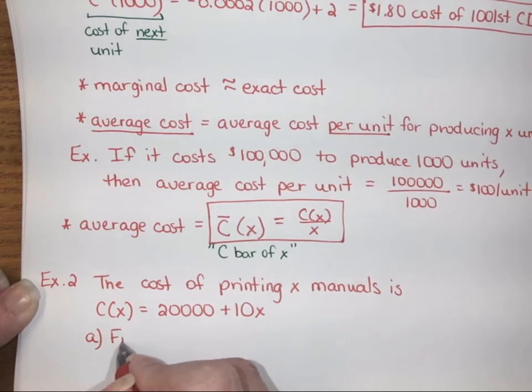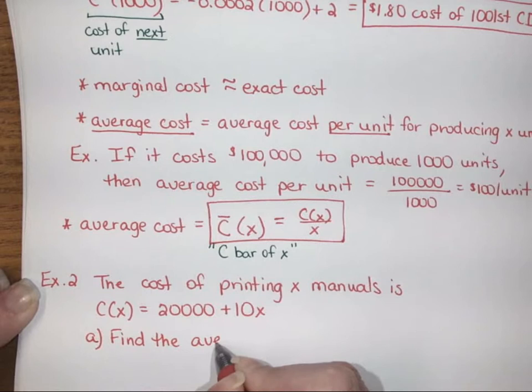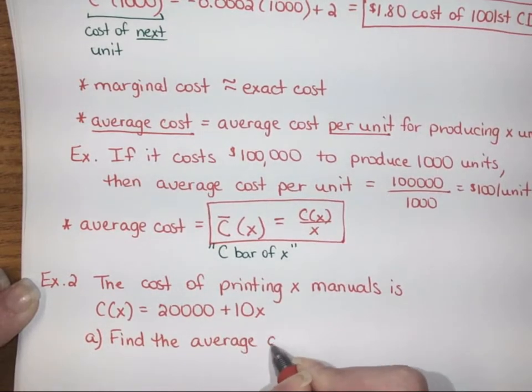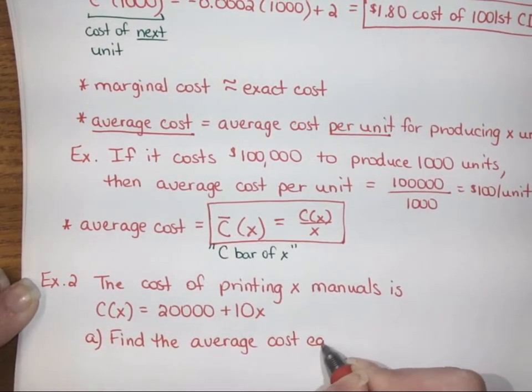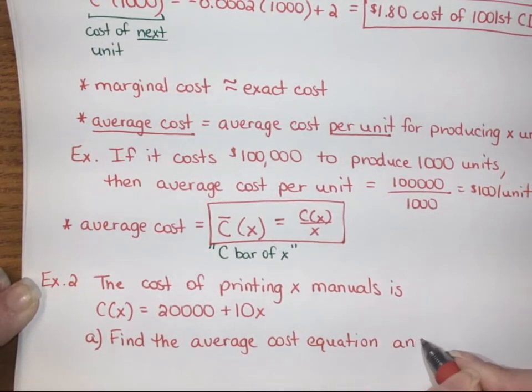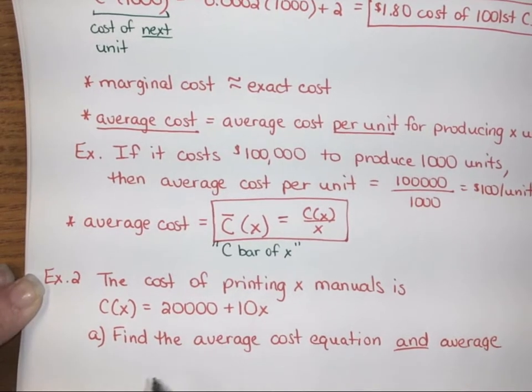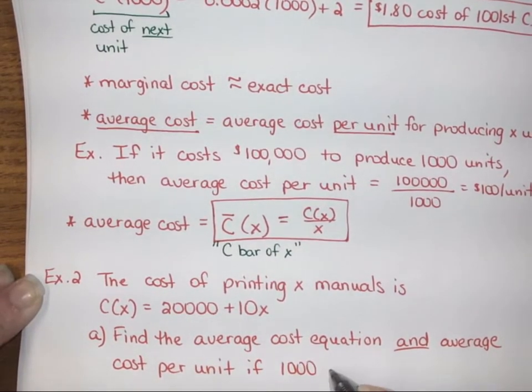So first I want you to find the average cost equation. And I want you to find the average cost per unit if 1,000 units are made.